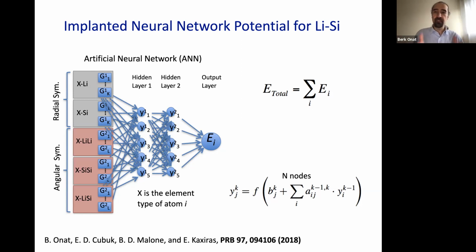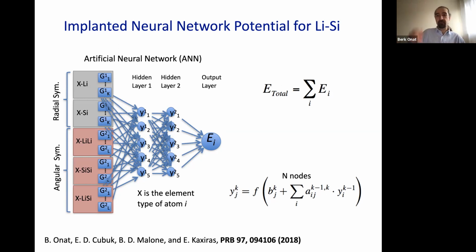So here you can see that each layer, Y_j, can be expressed in this equation at the bottom with n nodes times weight, A_ij, times the input vector, plus a bias, B_j. These B_j and A_ij are actually weights. We fit them.